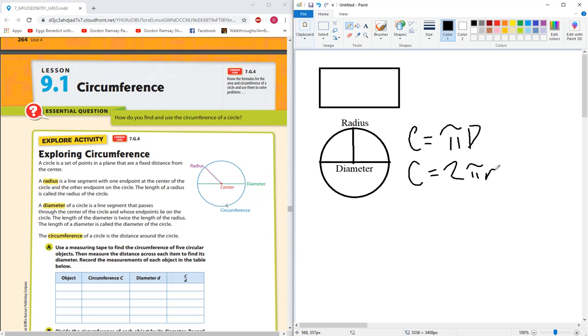Typically, you're going to leave pi as pi, because pi is a decimal that goes on forever and doesn't have any pattern, so it'll always be inaccurate when you try to do math with it. But we can round to the closest answer. For the most part, we use pi equal to 3.14.